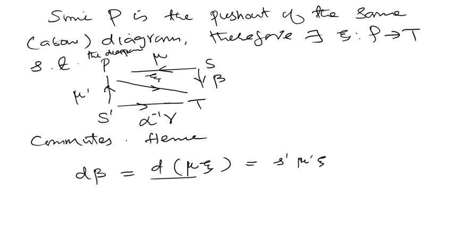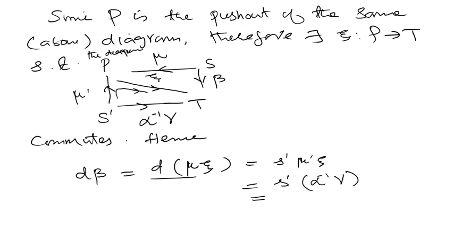But this mu prime zeta, what's this? You can see this diagram, mu prime zeta is equal to alpha inverse gamma. So s prime mu prime zeta is equal to alpha inverse gamma. But this s prime, what is it equal to?